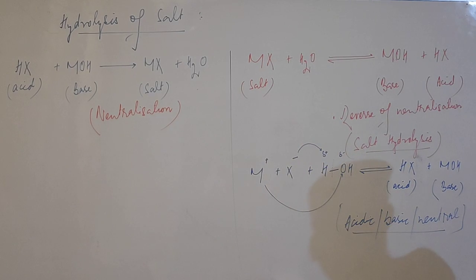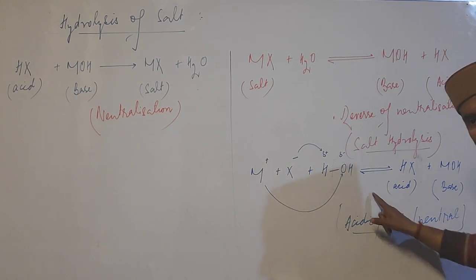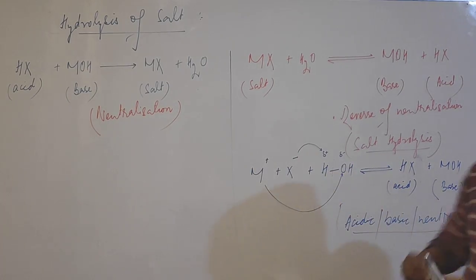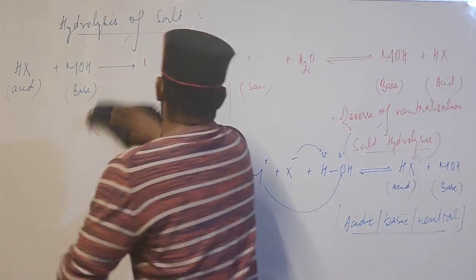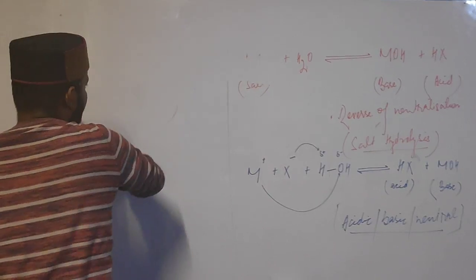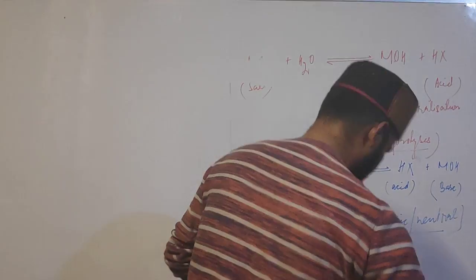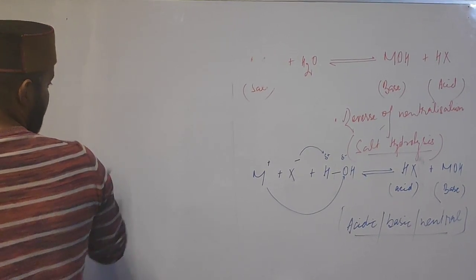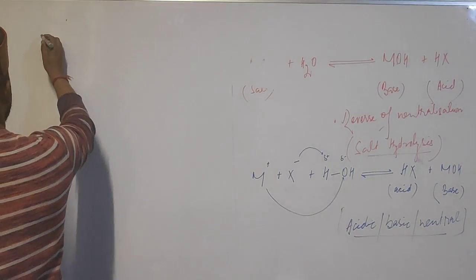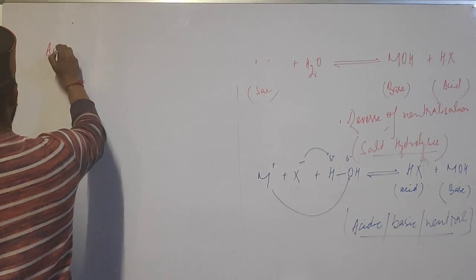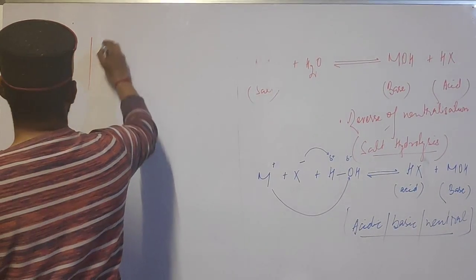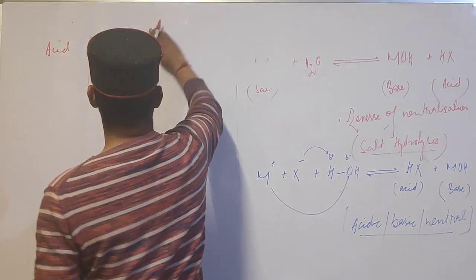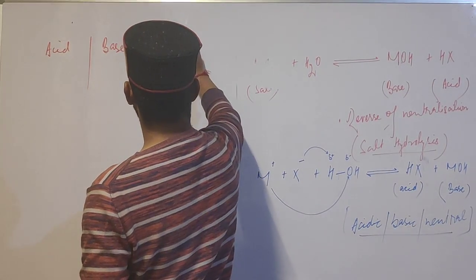Now students, how to predict whether the solution will be acidic, basic or neutral? It is very easy, students. Now, more different cases. Say if the salt undergoes hydrolysis and produces, say, acid and base, and then say I have a third column, nature.